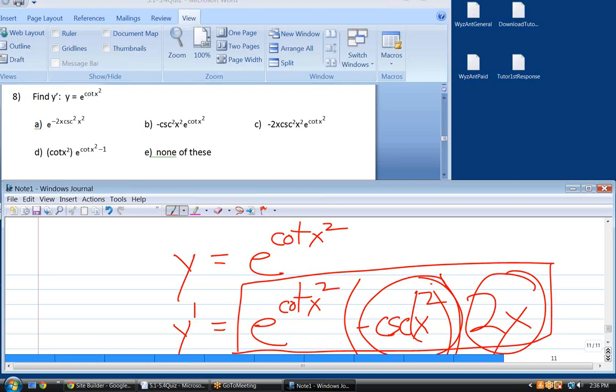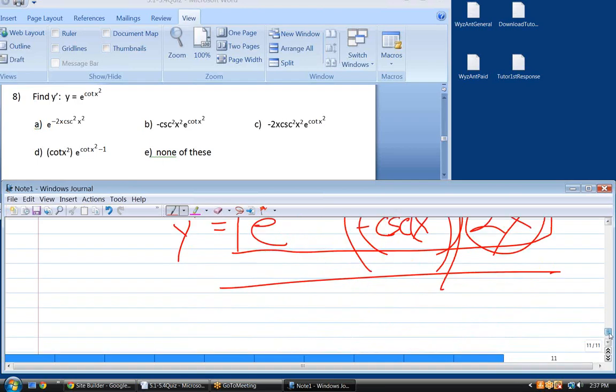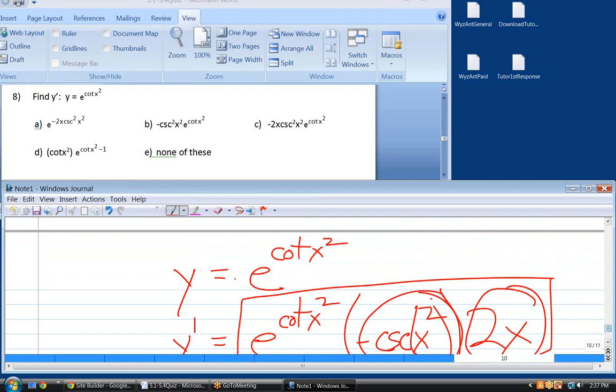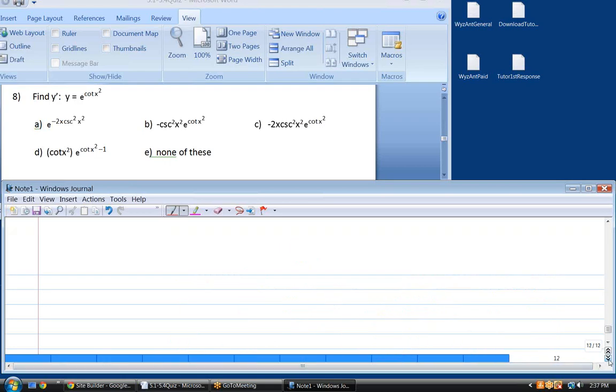Only one problem here. They got the cosecant squared. Oh, that's what it is. I made a mistake when I wrote it. The derivative of cotangent of x squared is cosecant squared of x squared. Let's go through it.